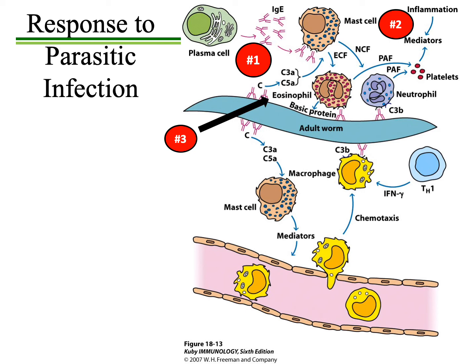For number 3, we also see an increase at the tissue level of eosinophils. Again, going back to the cell types that we know are part of the immune response, eosinophils play a role, or we know are playing a role, in a parasitic response. In particular, they are playing a role in eliciting the ADCC mechanism, antibody-dependent cell cytotoxicity mechanism.